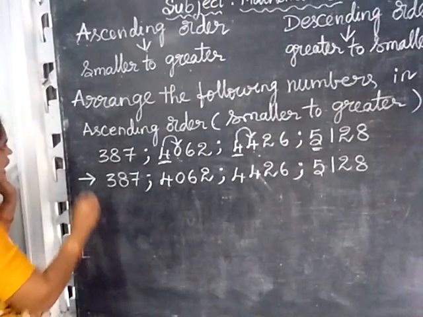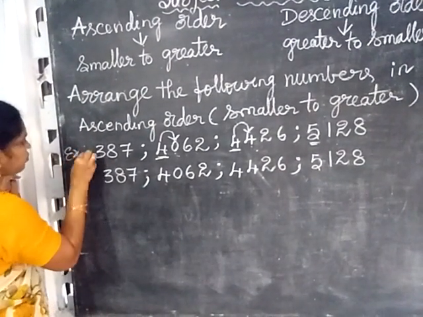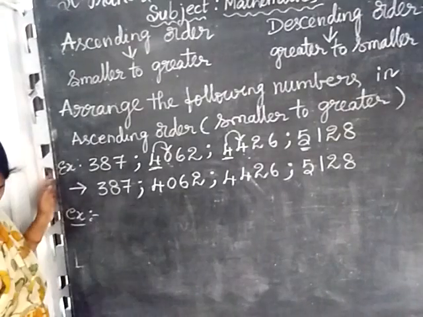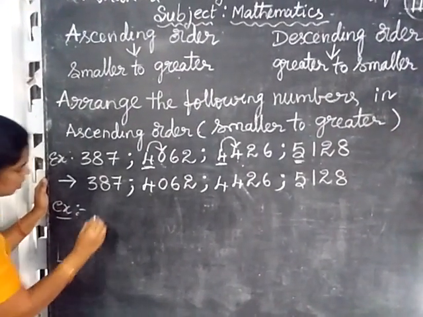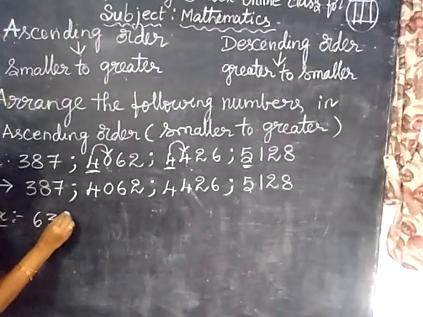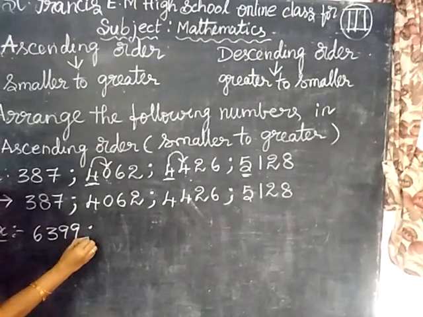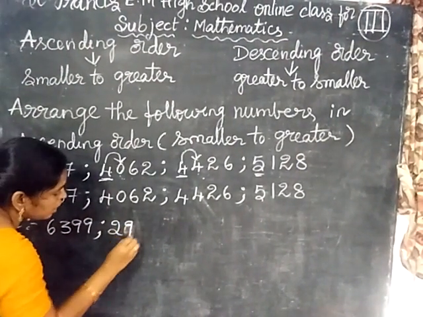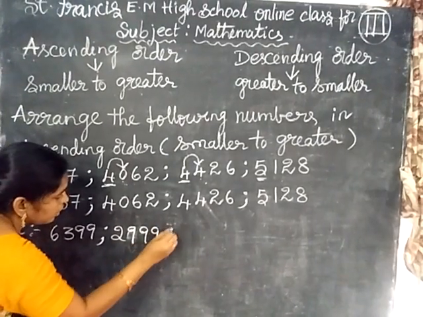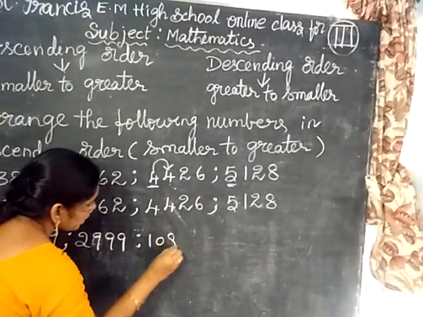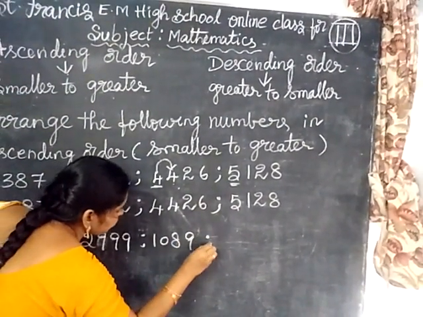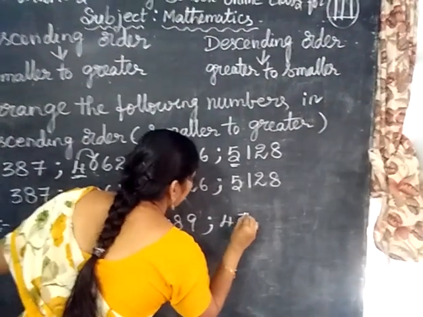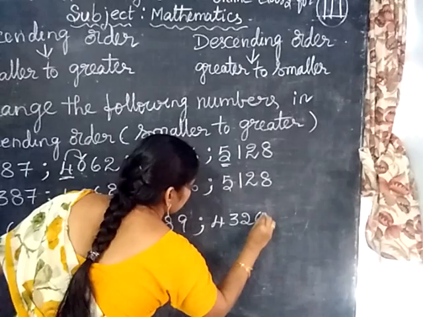Now, I am giving another example. 6399, 2999, 1089, 4326.